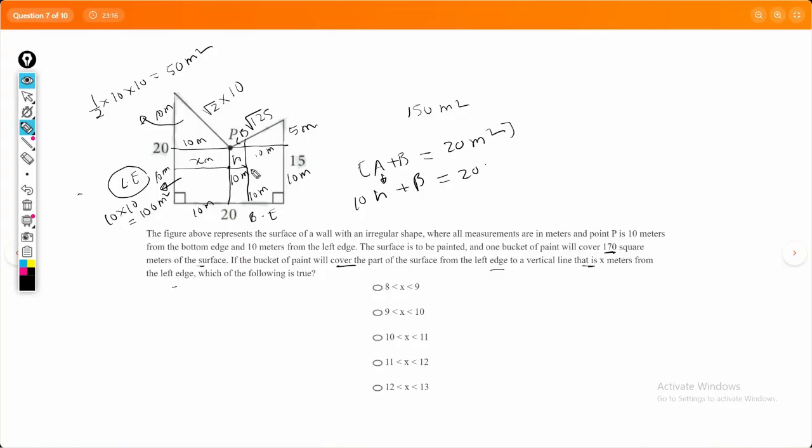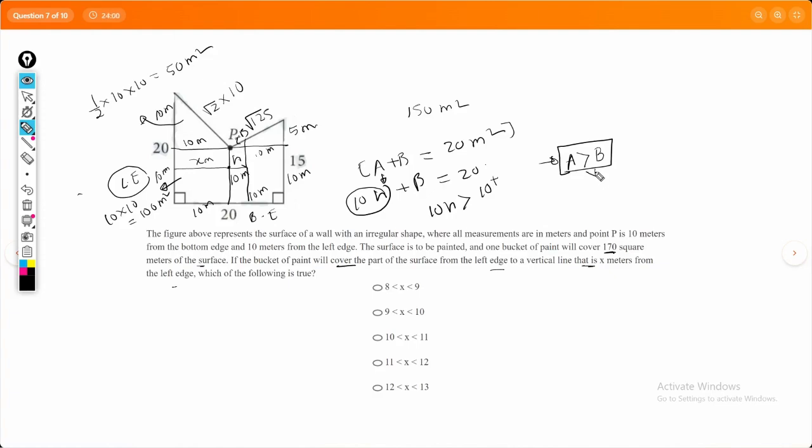But we have to remember that from this picture, we can see that this region A is definitely going to be higher in terms of area than region B. So region A is definitely going to be bigger than region B. So if we maintain this relationship, this value must be greater than 10, at least, because if we say that this value is 10, then this value will be 10 as well.